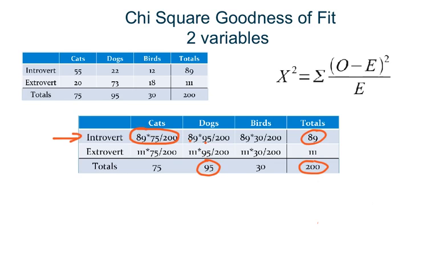For being an introverted bird owner, we take 89, that's the number of introverts, times 30, the number of bird owners, divided by the 200. And so on. We're going to do that for all 6 cells. We take the row total times the column total divided by the total n in the study.